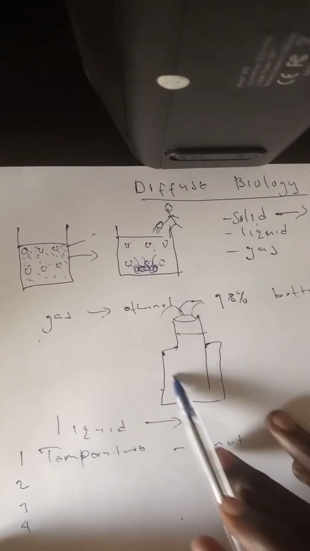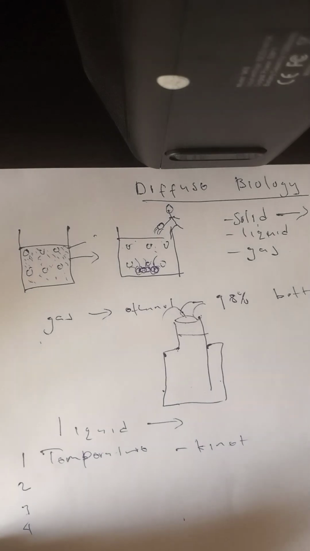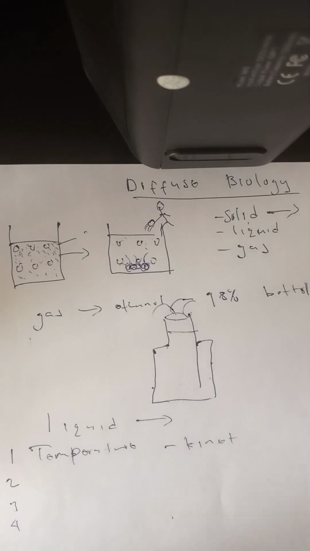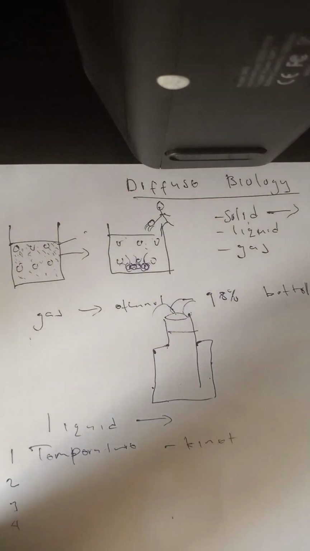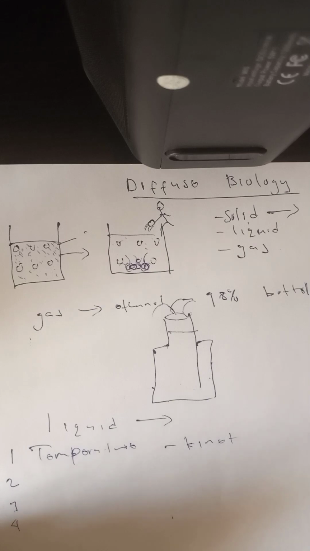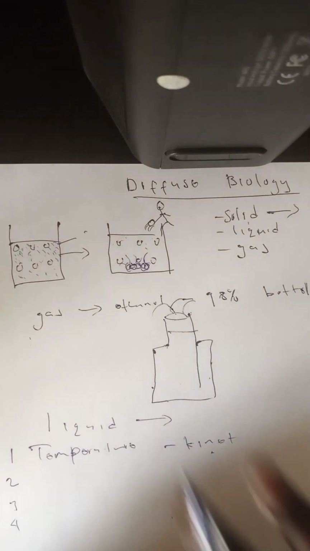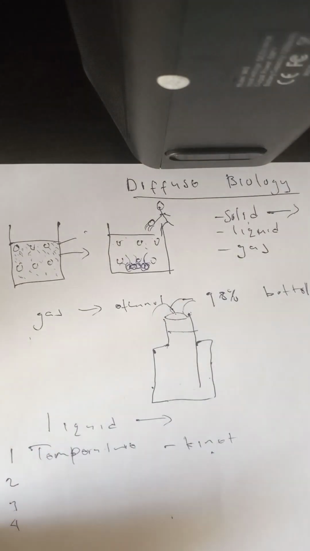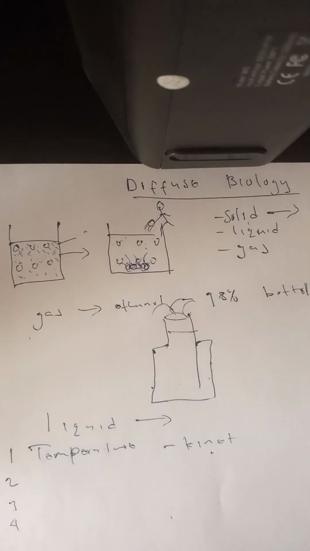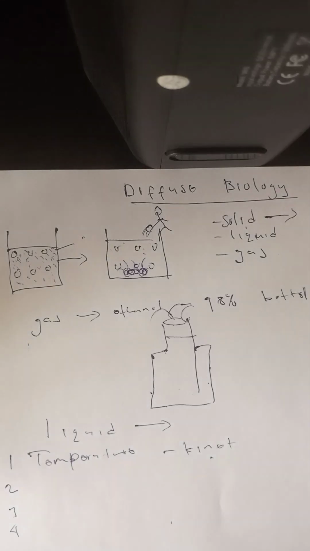When you heat up the solution, the rate of diffusion will increase because the particles in water are gaining more kinetic energy, which is simply the energy that enables particles to move. When the kinetic energy has increased, the particles will be moving very fast, such that the concentration gradient will mix up very fast, or the collision will happen very fast. So that's how temperature affects diffusion.